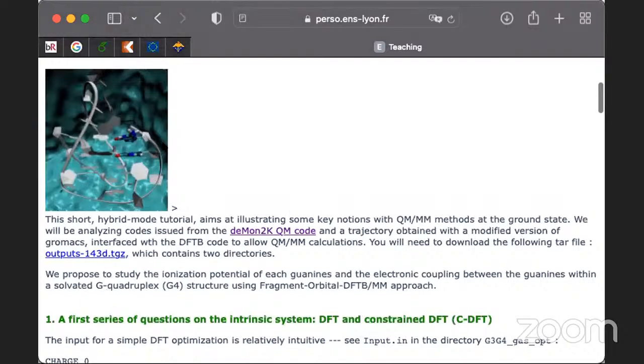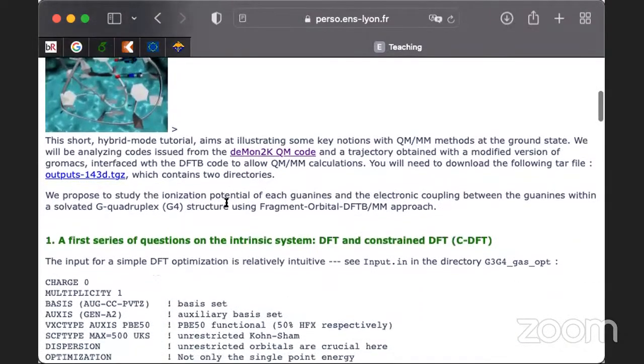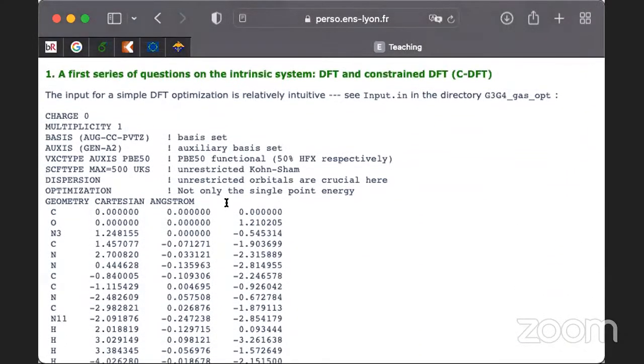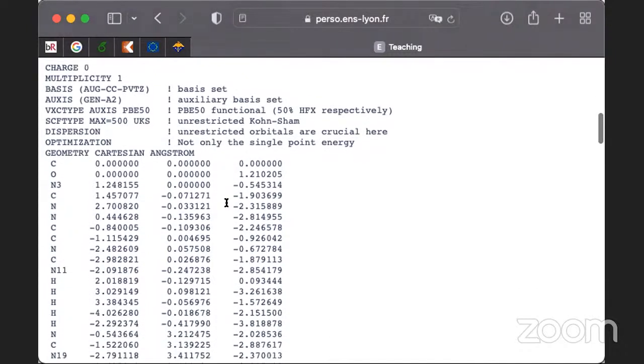So this is the system we are looking at. The first question is just to look at constrained DFT, and this is the input you can have a look at. It's the directory, so you need to download the TGZ file and untar it, and we can have a look together.